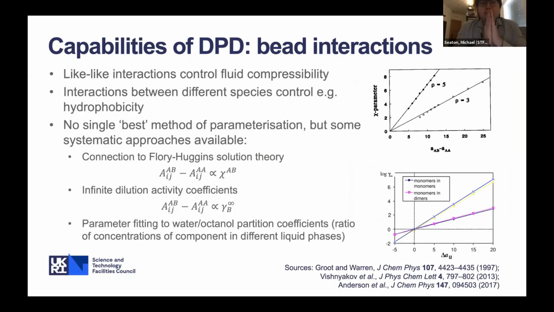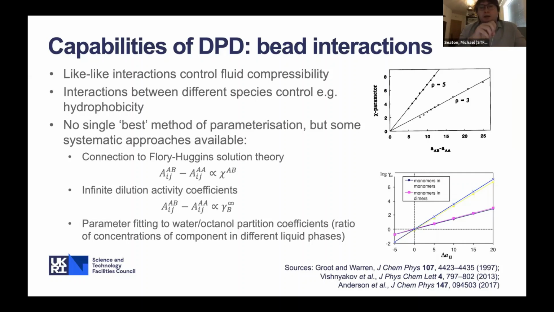So some of the things that we can do with DPD, and one of the things we can control very much, are how the beads interact with each other. And there are two things that we can use to help us determine what the interactions between our beads should be.